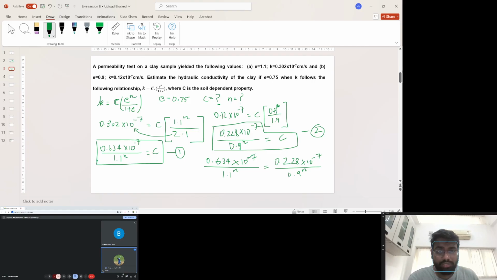Alright, so the 10 power minus 7 terms get cancelled. You can bring the n to one side. So this will be 0.634 by 0.228 equal to 1.1 by 0.9 whole power n.